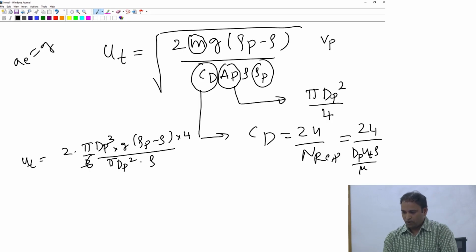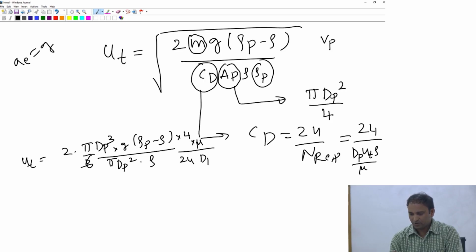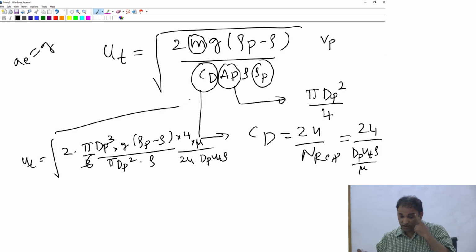Now for Reynolds number, I'm going to multiply by mu divided by 24 times dp ut into rho. That was your mistake. Your CD is 24 divided by Reynolds number, so that's going to be dp v bar rho by mu.